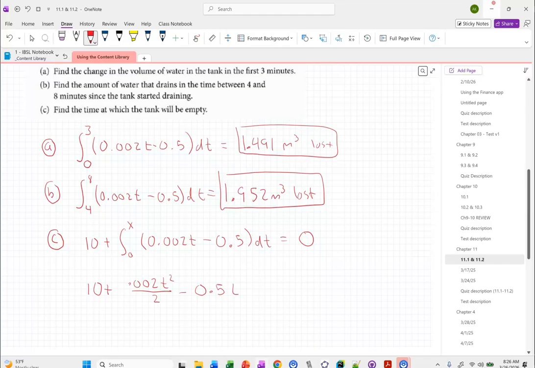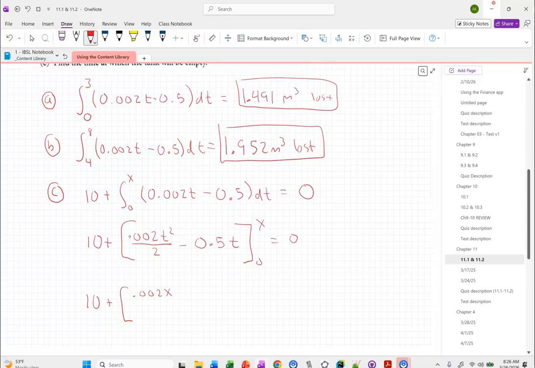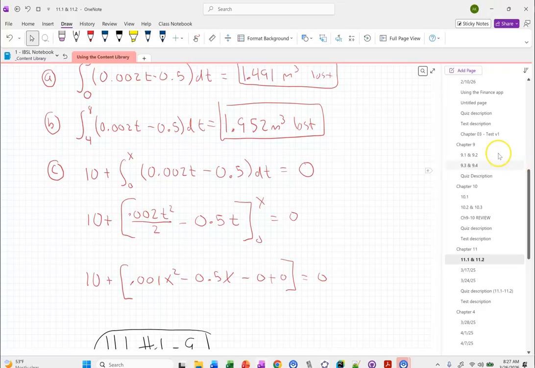Oops. And then we'll go ahead and, actually, I'll reduce that fraction as long as I'm at it. So far, so good. What I'm left with is a quadratic equation, right?